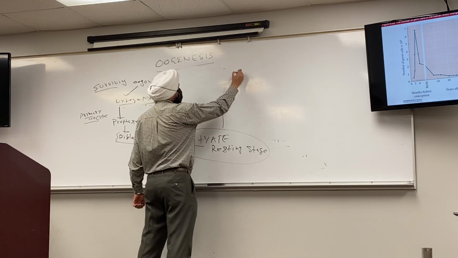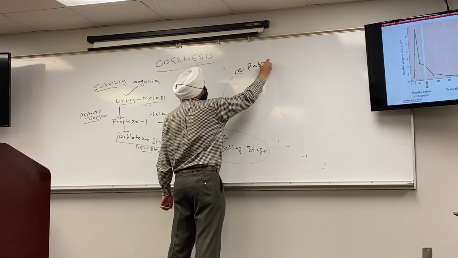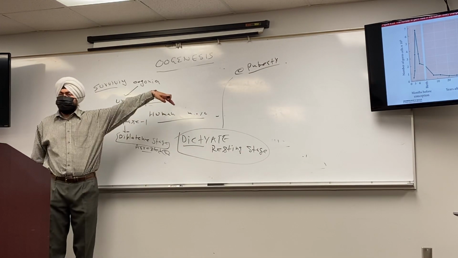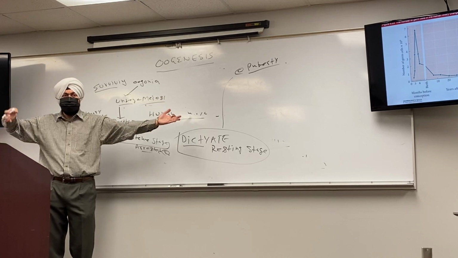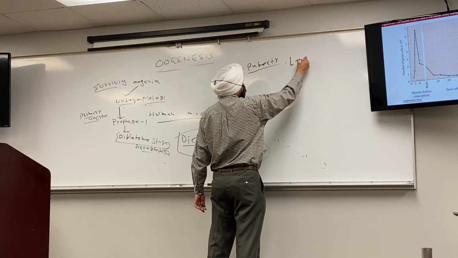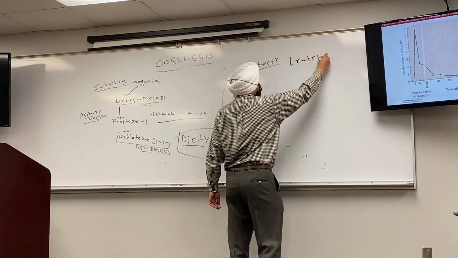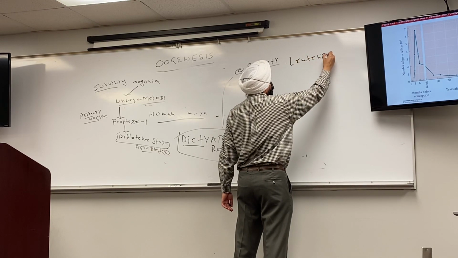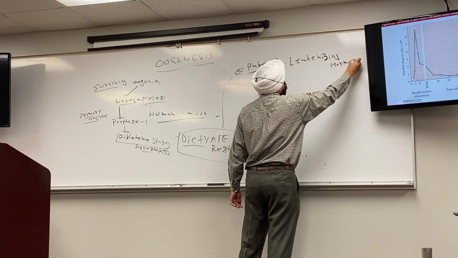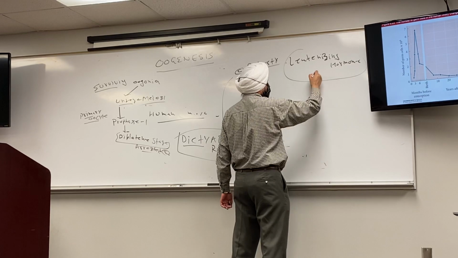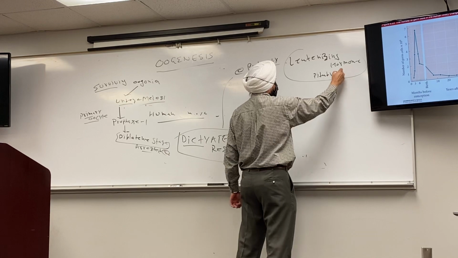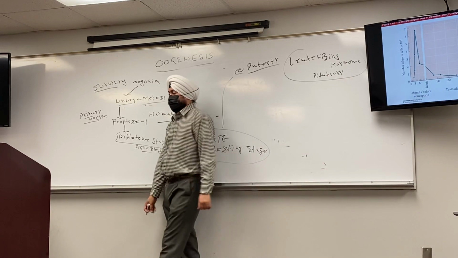Now, at puberty, say they are arrested in that stage for around 12 to 13 years, right? And at puberty, what happened? You have a hormone called luteinizing hormone. This hormone is coming from the pituitary. That hormone comes there from the pituitary.